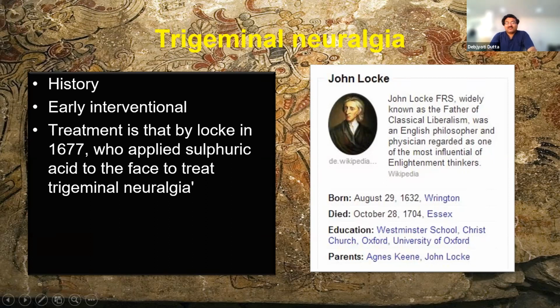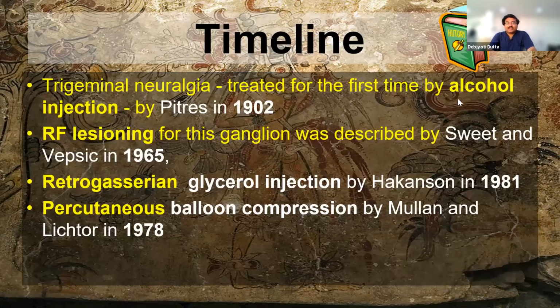But the significant achievement in the management of trigeminal neuralgia came when Petrus in 1902 first used alcohol for neurolysis. That is the first time alcohol neurolysis was successfully used to manage the pain.